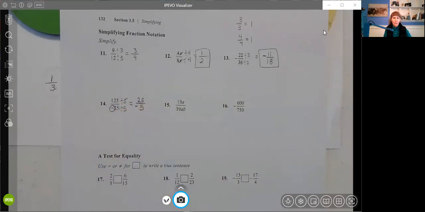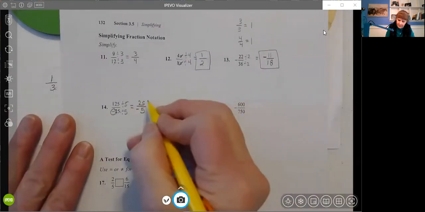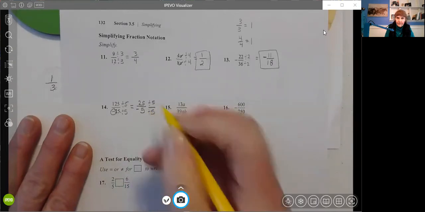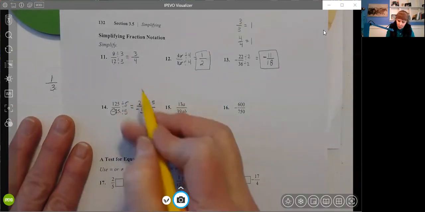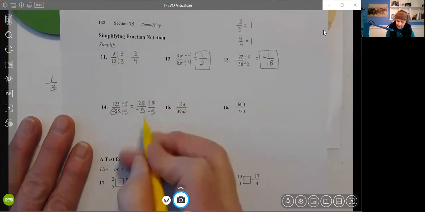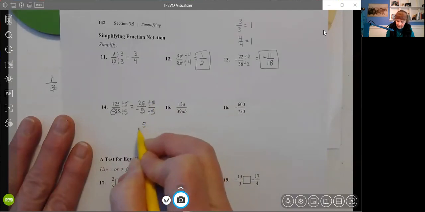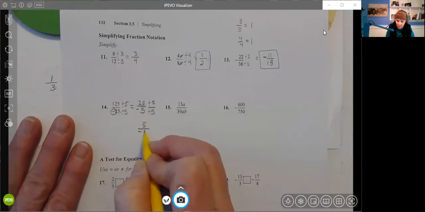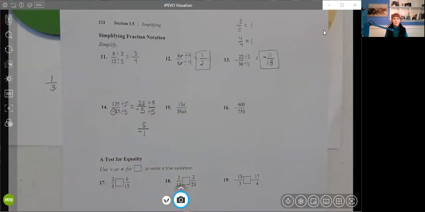Am I done? Well, they both end in 5, which means 5 goes into them. So I'm going to divide them again by 5. 25 divided by 5, I'm going to put down here as 5. -5 divided by 5 is -1. So how do you write that?